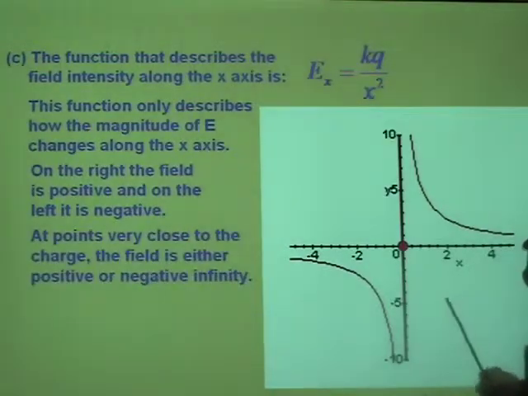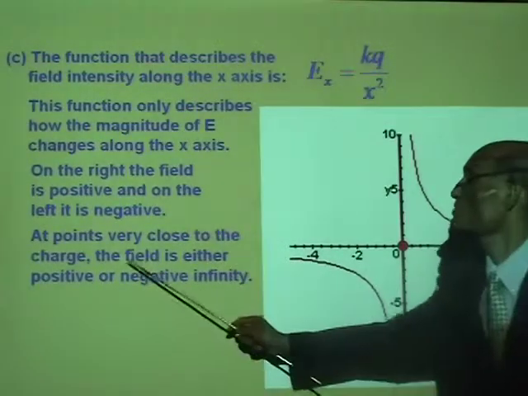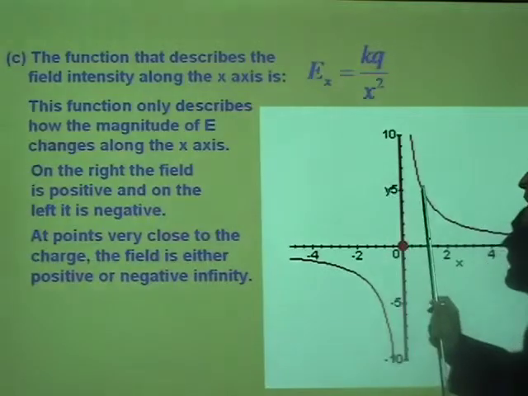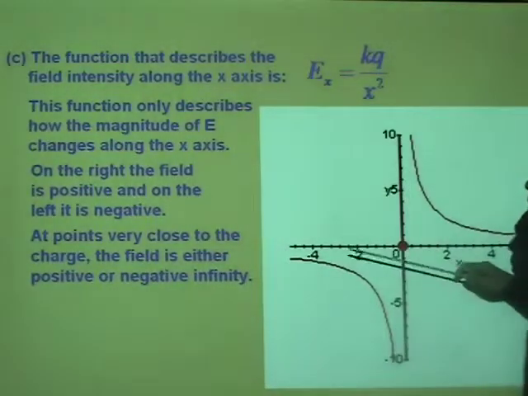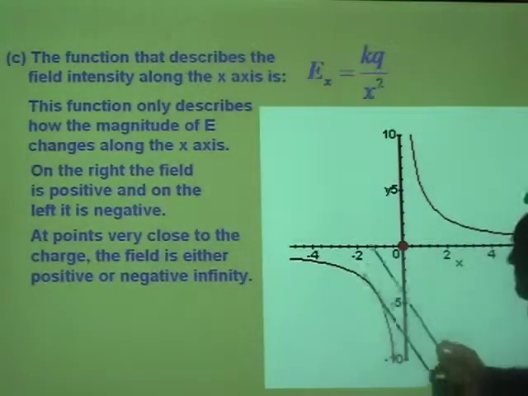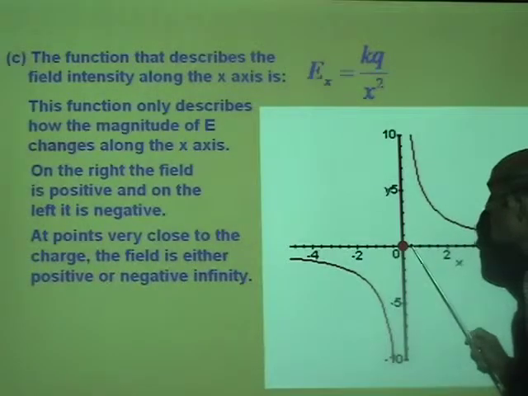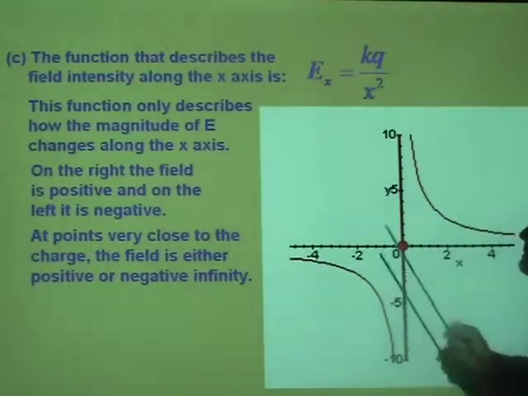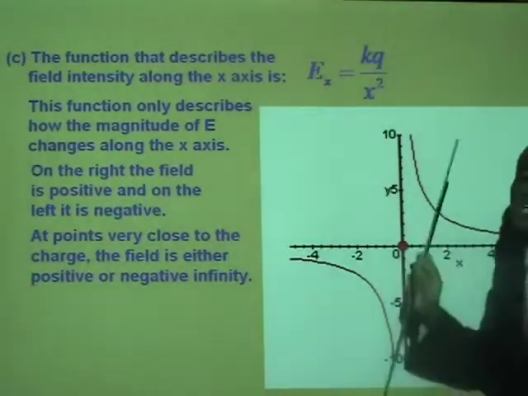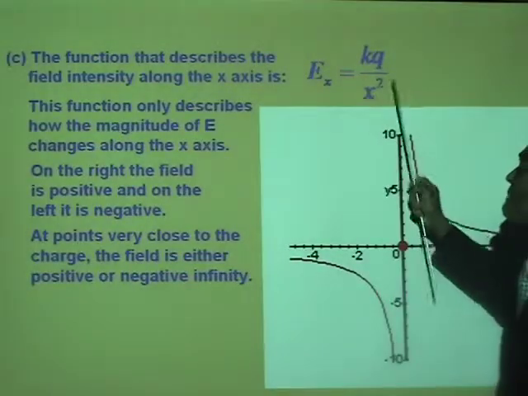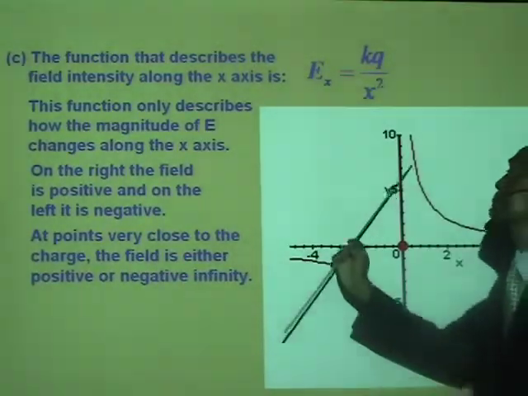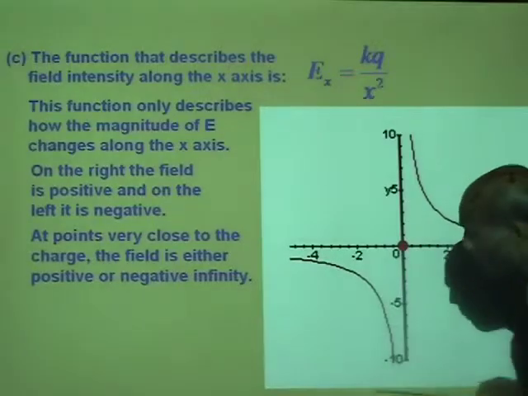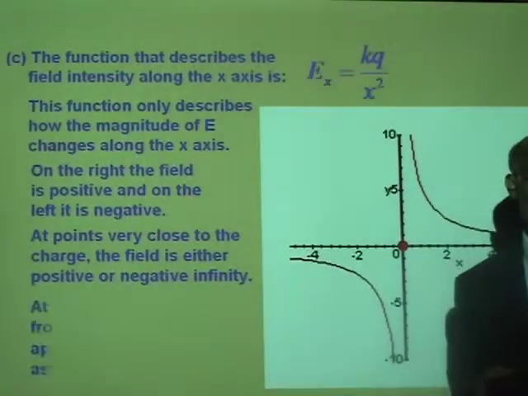Alright. So at points very close to the charge, the field is either positive or negative infinity. When you come very close to the charge, that means when this x is very close to 0, the electric field will be close to either positive infinity or negative infinity.